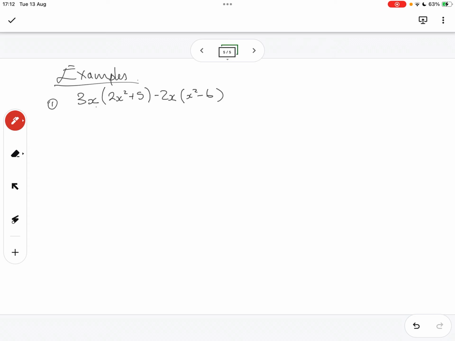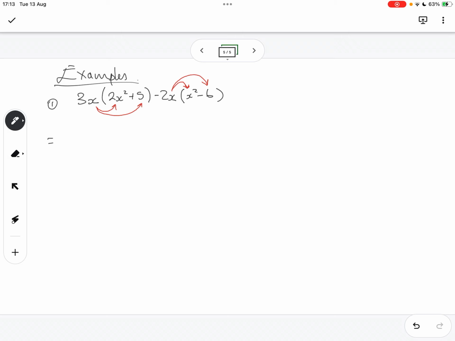What do you think will happen if we multiply out like this first, and then we multiply out like that second? Should we give that a try? Okay, let's give that a try.